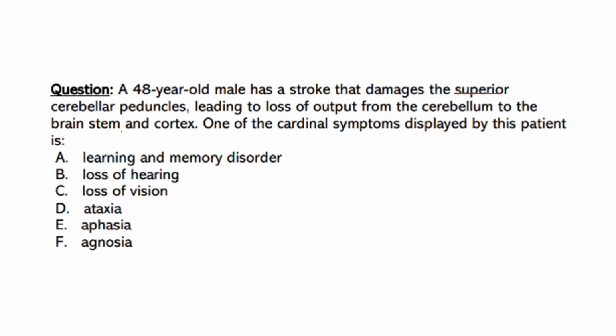So this case is fairly straightforward. The cerebellum is mostly related to coordinating movement, and so you're not really going to expect anything to do with learning and memory, anything to do with hearing, vision, aphasia, or agnosia, which leaves D as the answer.